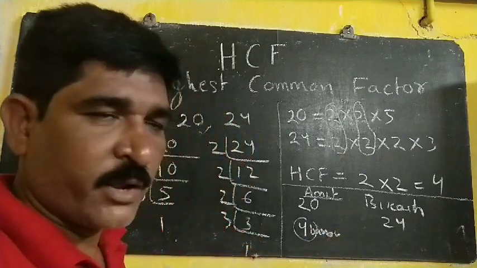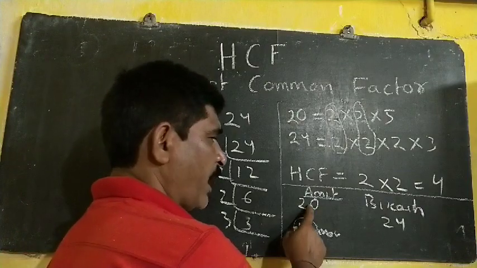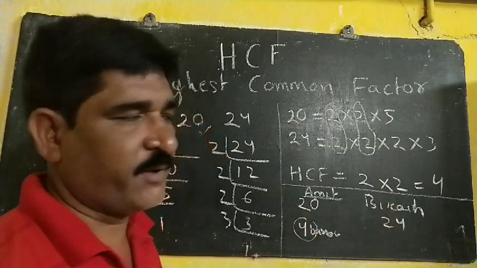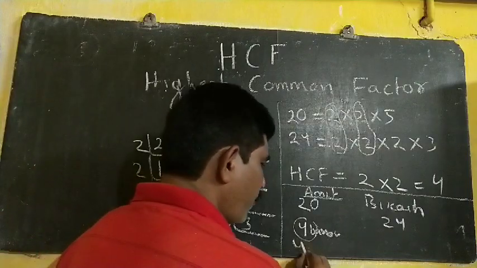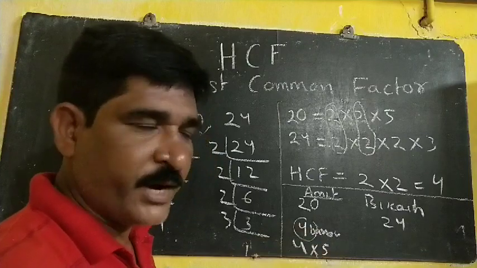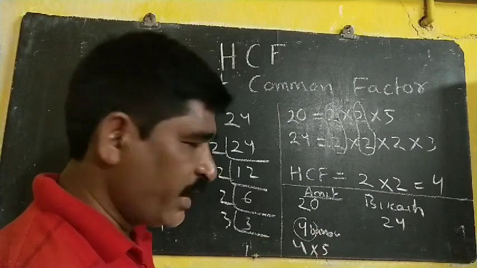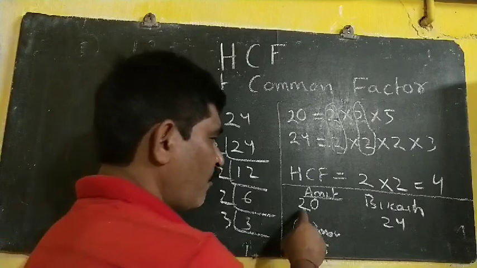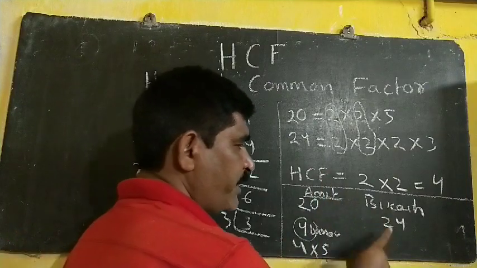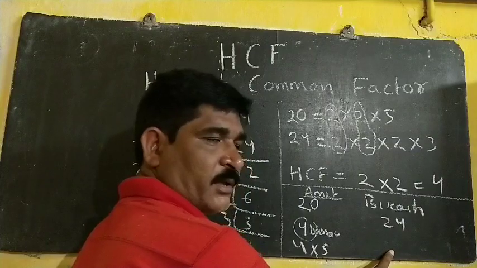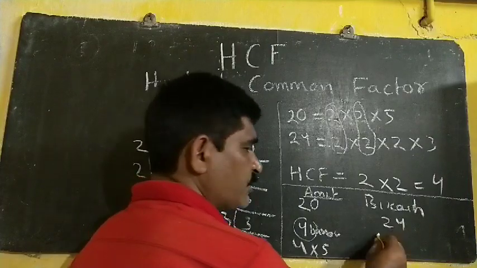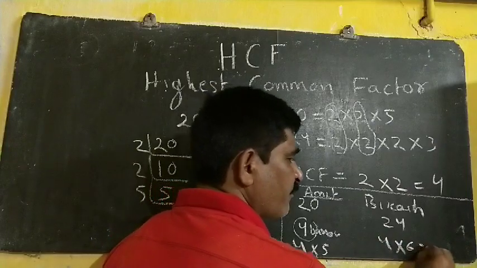How many times does Amit feed? 5 times. And Vikas how many times? 6 times. How? Because 4 into 5 equal to 20. If each time Amit feeds 4 bananas, then in 5 times he can complete 20 bananas. And similarly, Vikas feeds 4 bananas each time, then how many times will it take? 4 sixes are 24. 6 times.